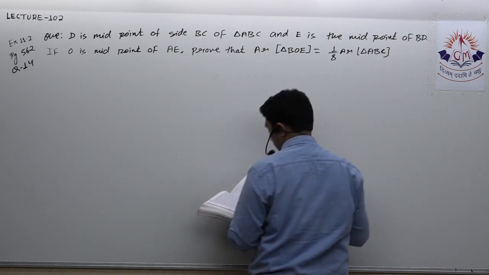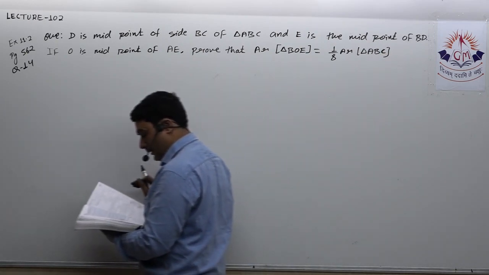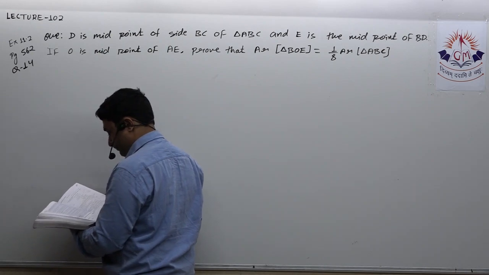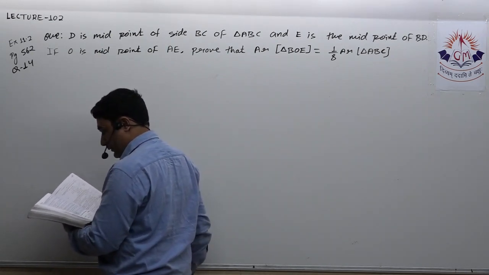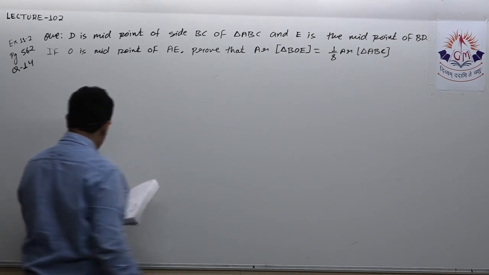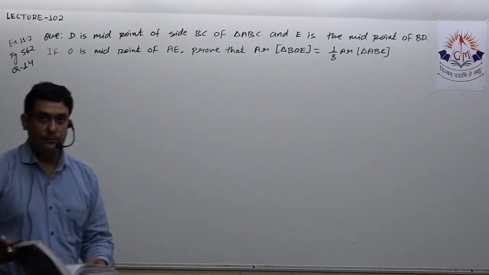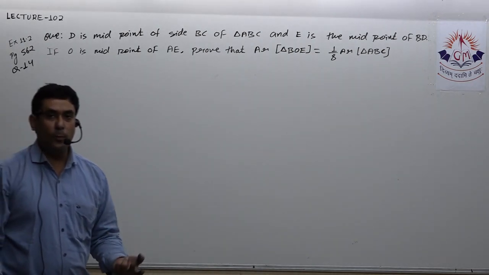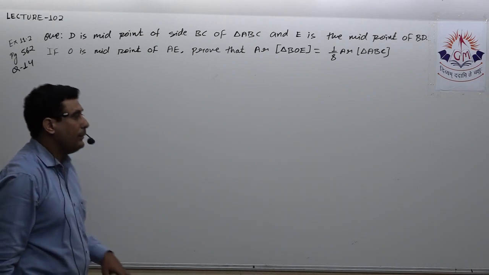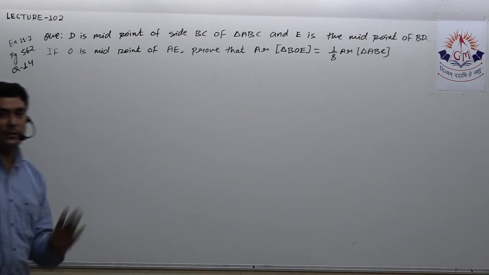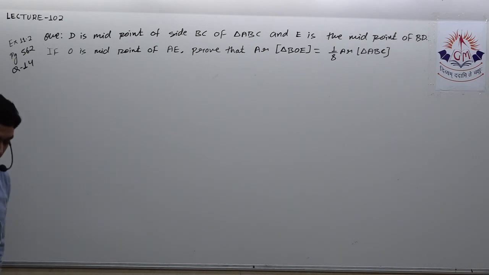It is almost similar to the question we solved in the same lecture, question number 10. Over there 2 midpoints were given, here 3 midpoints are given. So think for a while how you will proceed, then I will give you the solution.